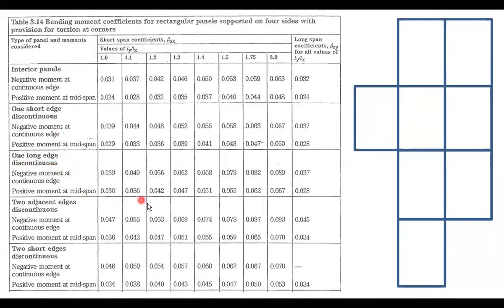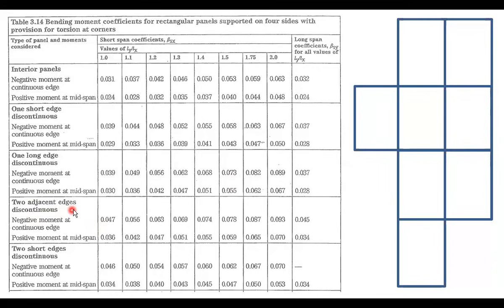Meaning only one long edge discontinuous, which is this case here. You have a slab which is continuous on 3 sides, and one edge here is discontinuous, which is the long edge. So one long edge discontinuous will be this case.